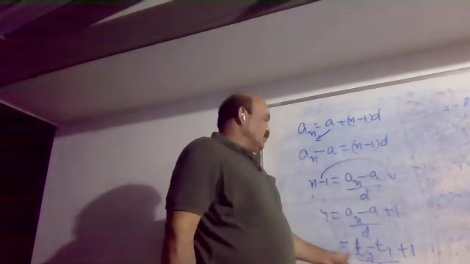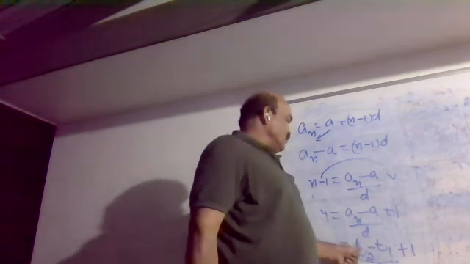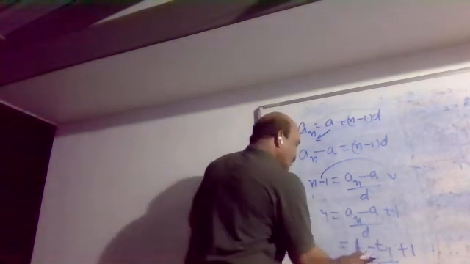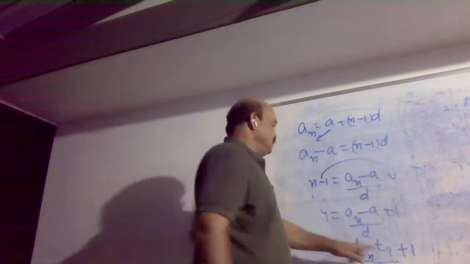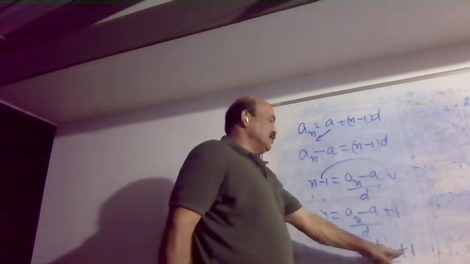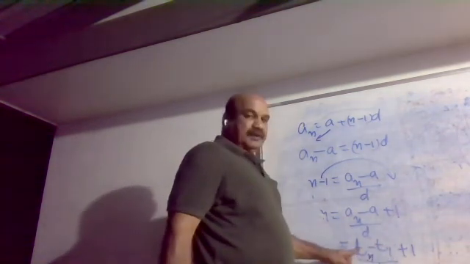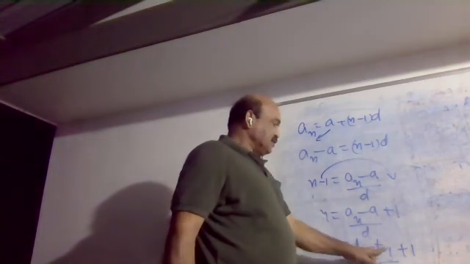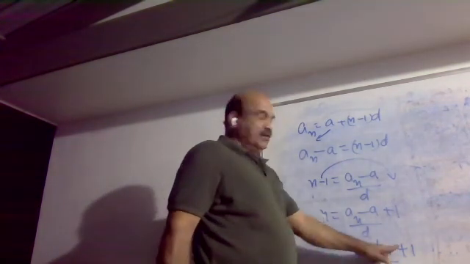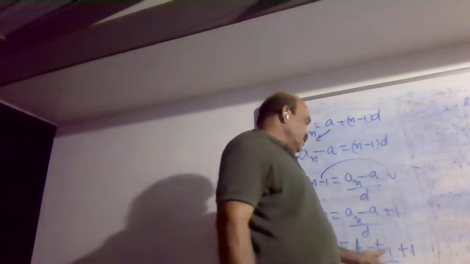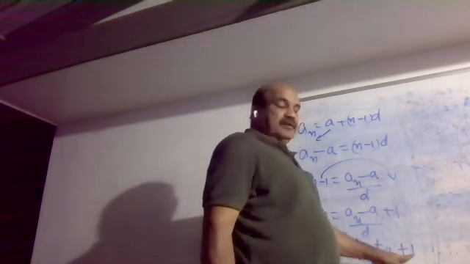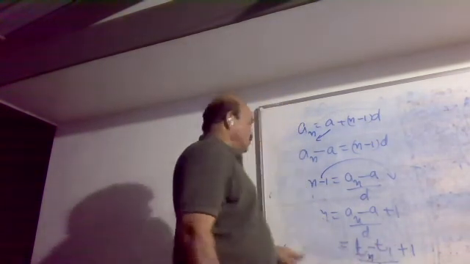So n = (tn - t1) / d + 1. Here n stands for the nth term: tn minus t1 divided by d plus 1, last term minus first term divided by common difference plus 1. That gives you the number of terms of an AP.